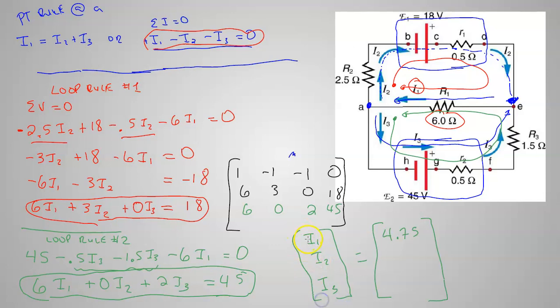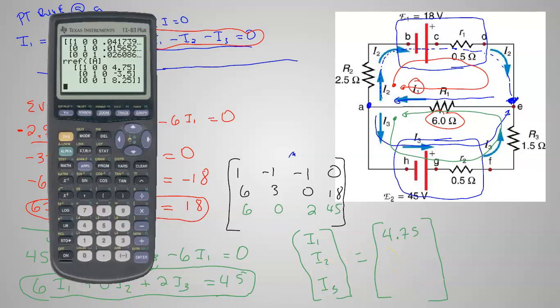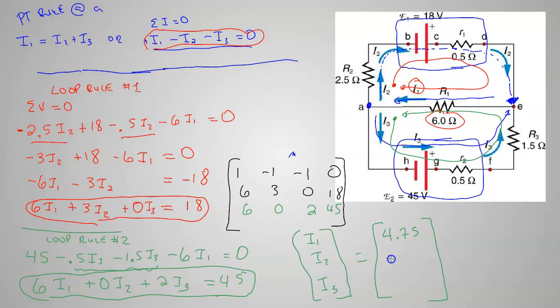And you can just say I1 equals that, I2 equals this, I3 equals that. All right, 4.75. The second one here is -3.5. Well, that's certainly interesting. What's a negative sign mean in physics? It means it goes the opposite direction.